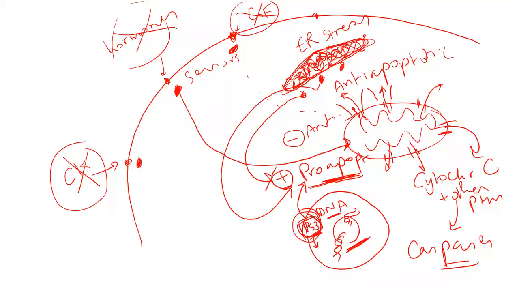If it pushes the cell into repair, or if repair is not possible, the cell is pushed into apoptosis. And lastly, we have the endoplasmic reticulum stress due to the misfolding of the protein. If we cannot repair this misfolding and do proper folding, I'm going to push the cell into apoptosis by what is called endoplasmic reticulum stress.